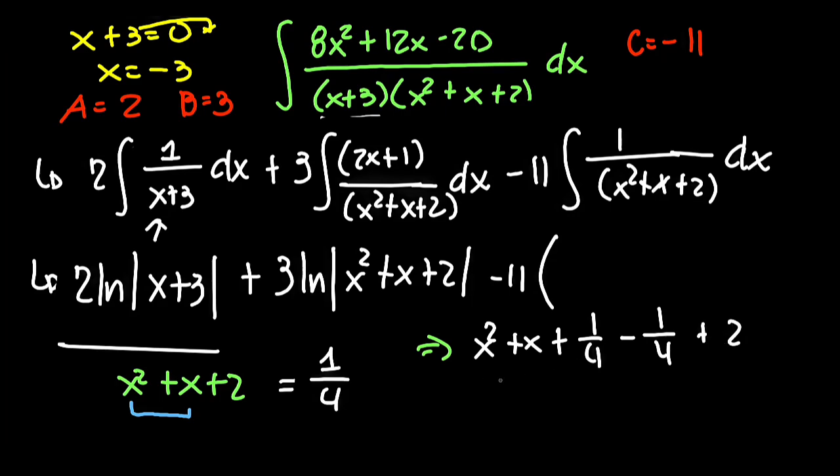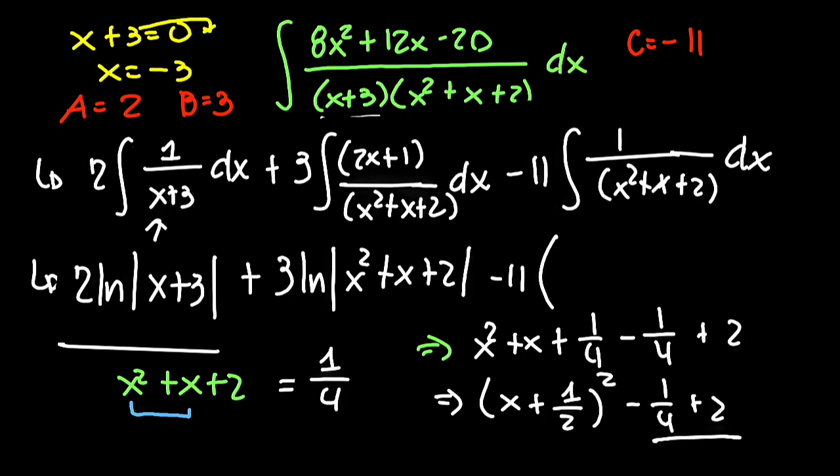And now you can see here, this term completes a perfect square. We can just rewrite this as x plus 1/2 raised to the power of 2, because whenever you expand this, you have the same answer. And just copy the rest, which is negative 1/4 plus 2.